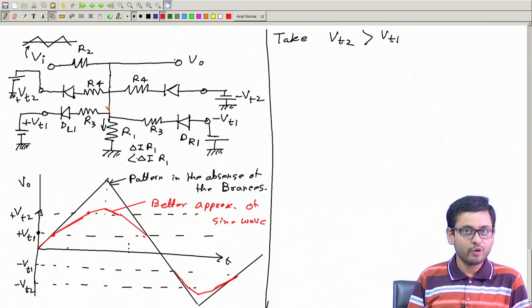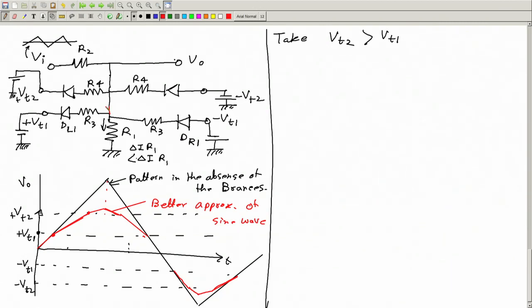So this way we can generate an approximate sine wave. This is not smooth, but if you have studied filters, you can give this input to a filter, then these corners will be smoothed, and you can generate a better sine wave.